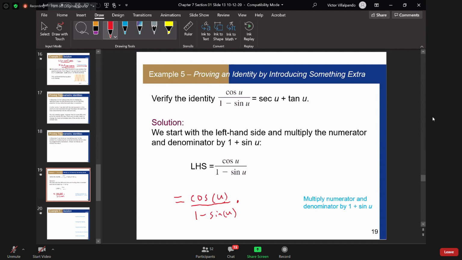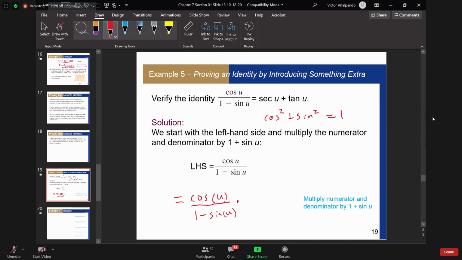So in this case, we're trying to get rid of that fraction. One good way is a conjugate in this case, because I see a 1 minus sine. And remember the Pythagorean identity, cosine squared plus sine squared equals 1, correct?